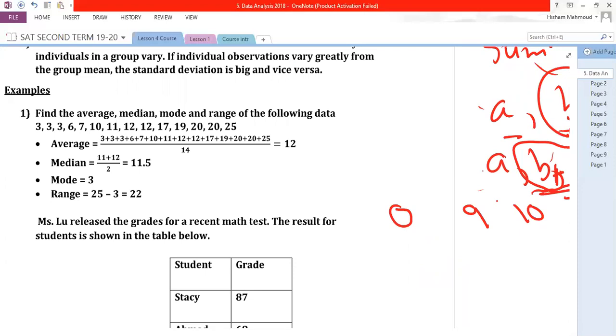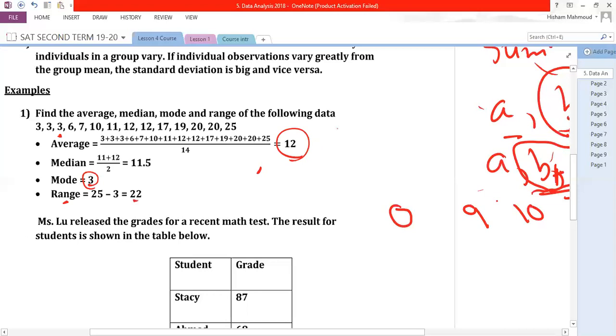So how many values? 14 values. And we can notice that they are arranged, right? If I want to find the mean, I add them and divide by the number of them, and the mean is 12. If I want to find the mode, I choose the most repeated value, which is 3. And the range is 25 minus 3, which is 22.